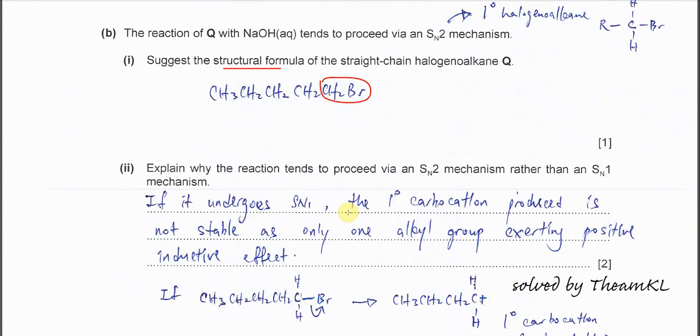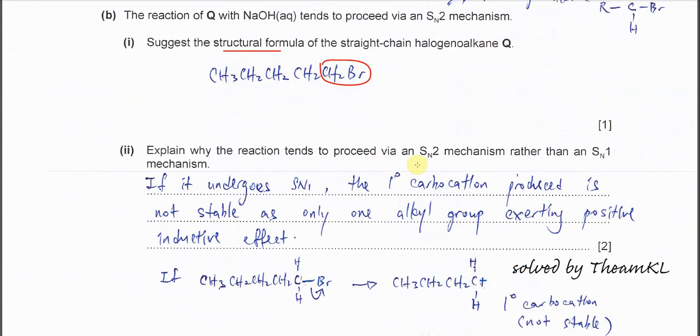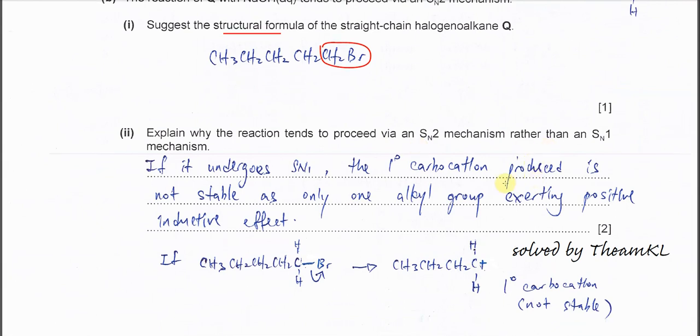Now explain why the reaction tends to proceed through SN2 rather than SN1. We know that in SN1, the bond must break first. Carbon is partial positive, bromine partial negative. If it undergoes SN1, this C-Br bond will break and form a carbocation.